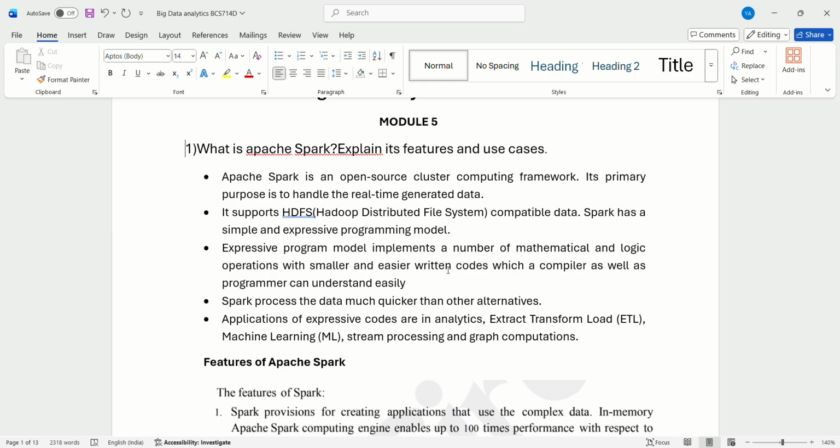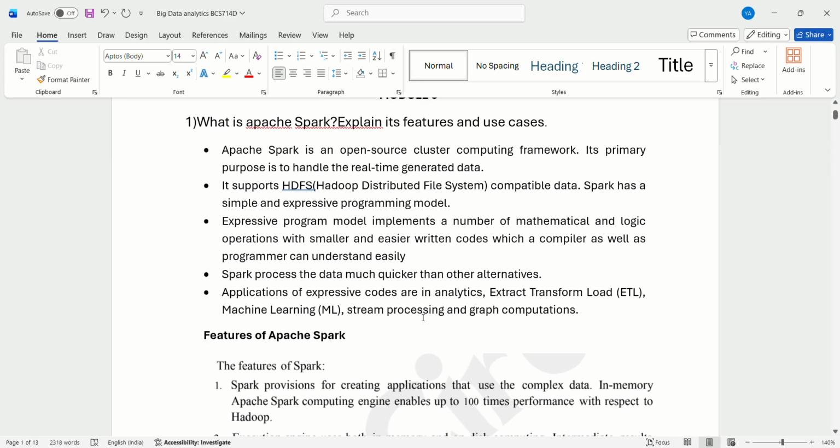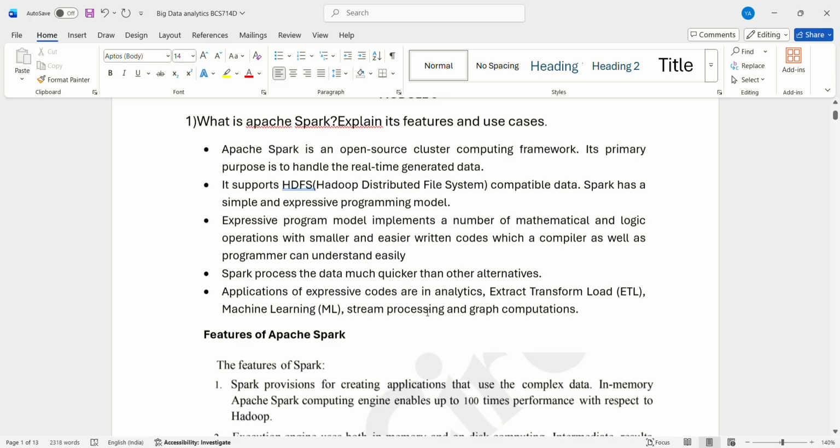Spark processes the data much quicker than other alternatives. It is used in analytics, extract, transform, load, machine learning, stream processing, and graph computations. So these are the definitions of Apache Spark.